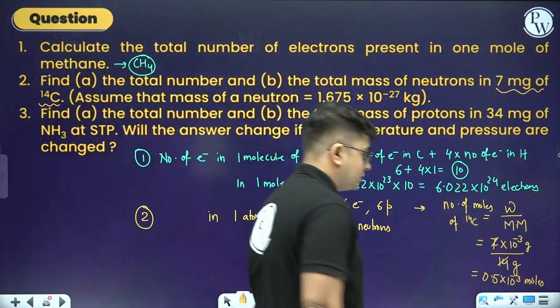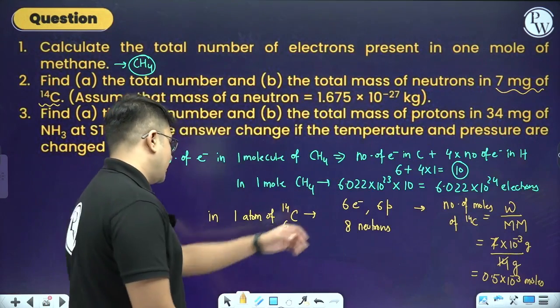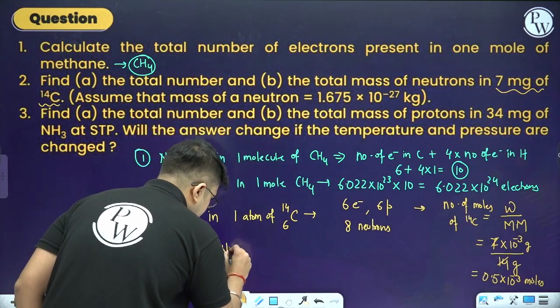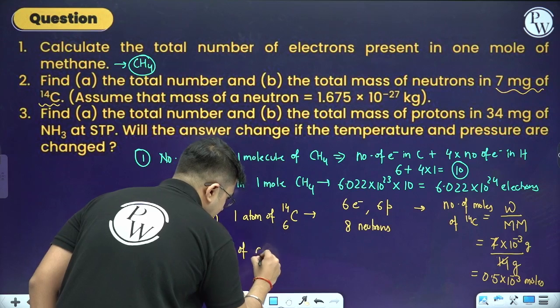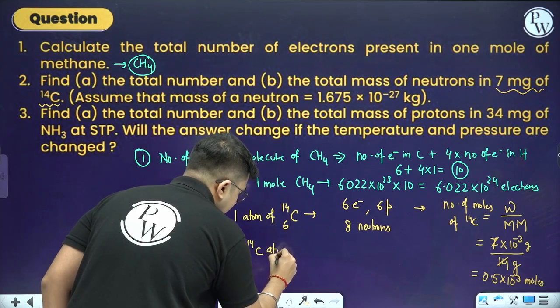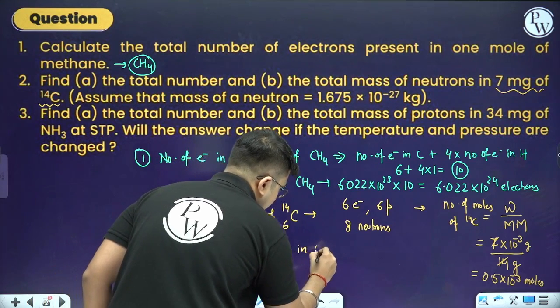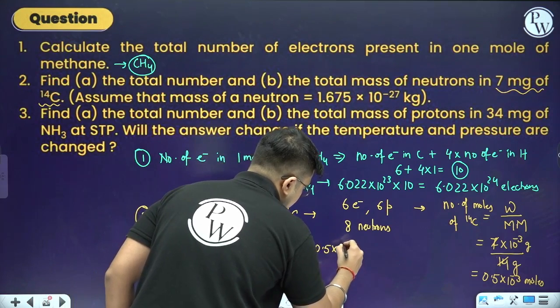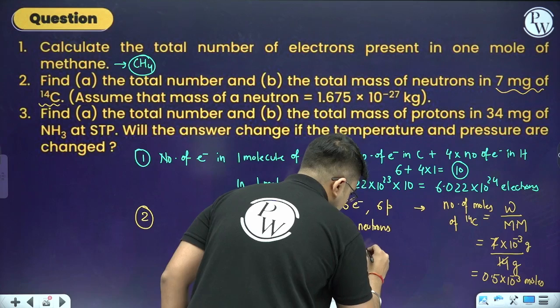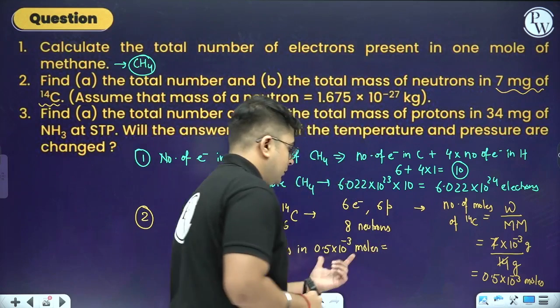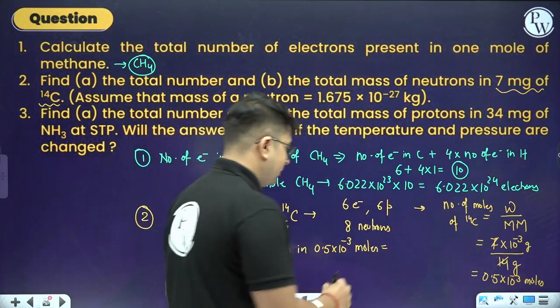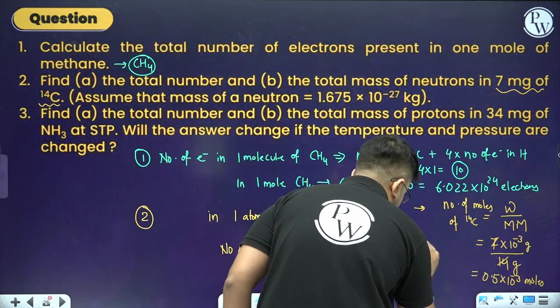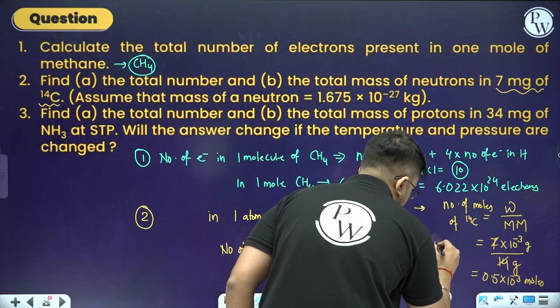Now we have this many moles. So from that part I can say the number of carbon 14 atoms in 0.5 multiplied by 10 raised to the power minus 3 moles will be number of moles multiplied by Na, which will be 0.5 multiplied by 10 raised to the power minus 3 Na.